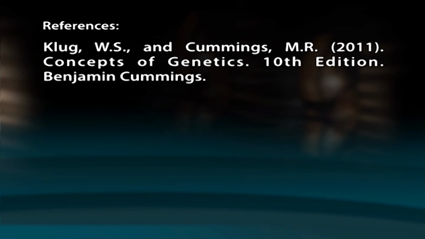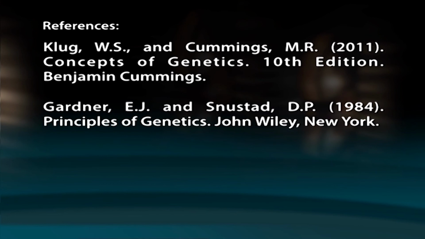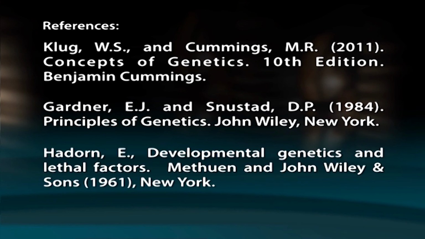A fourth book is titled Concepts of Genetics, 10th edition, authored by Klug and Cummings in 2011 and published by Benjamin Cummings. A fifth book is titled Principles of Genetics, authored by Gardner and Snustad in 1984, published by John Wiley, New York.